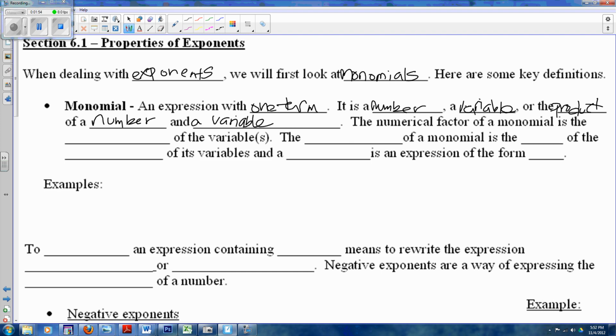The numerical factor of a monomial is the coefficient of the variable. The degree of a monomial is the sum of the exponents of the variables.